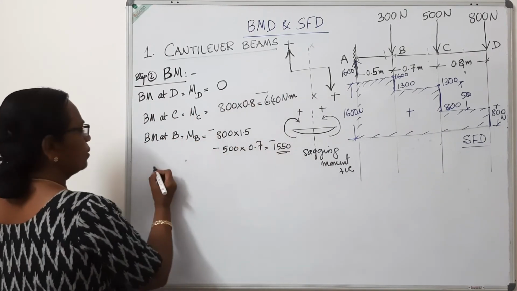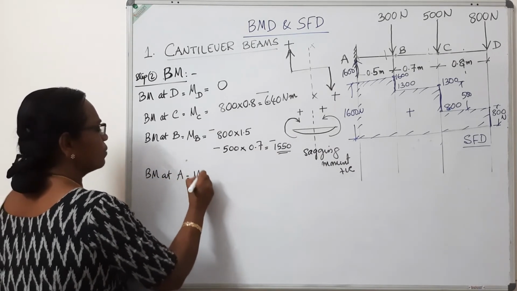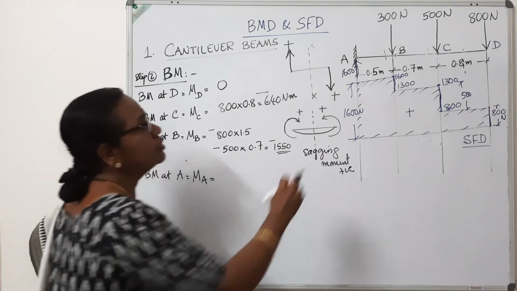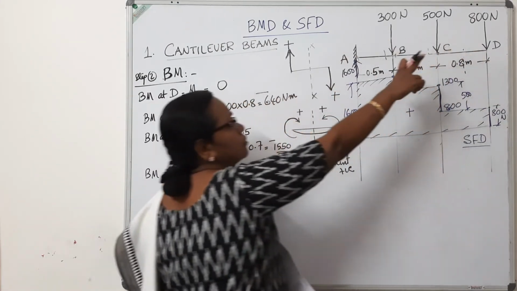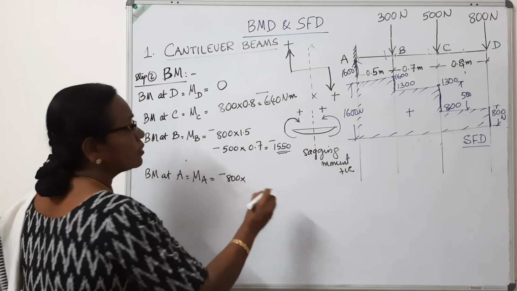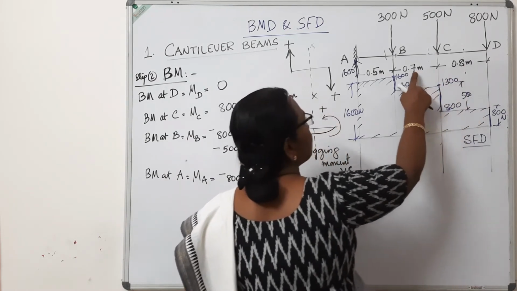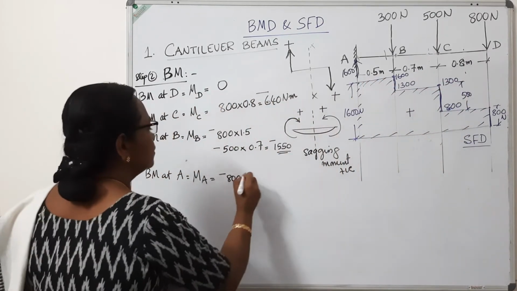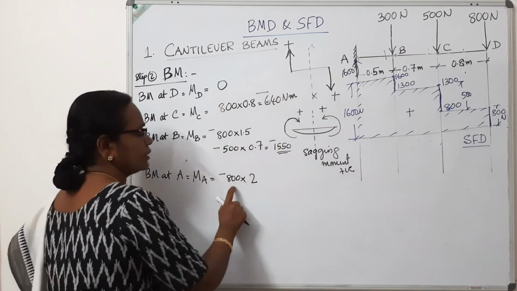Coming to point A, bending moment at A, MA is equal to, consider point A, right side of it, 1, 2, 3 loads. The first load 800 is acting at a distance 0.8 plus 0.7, 1.5 plus 0.5, 2 meters. It produces clockwise moment, so I have written negative.